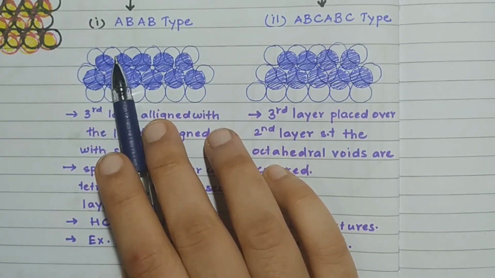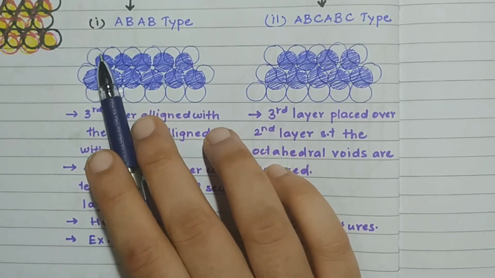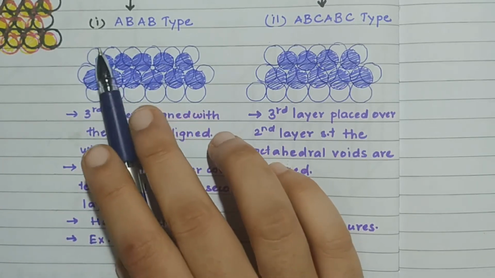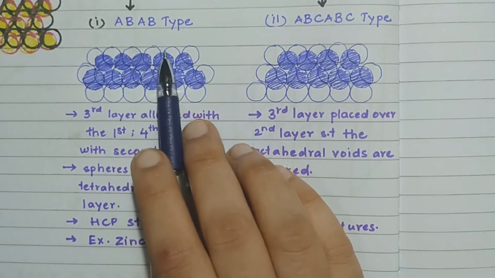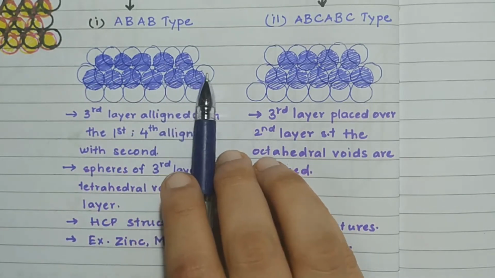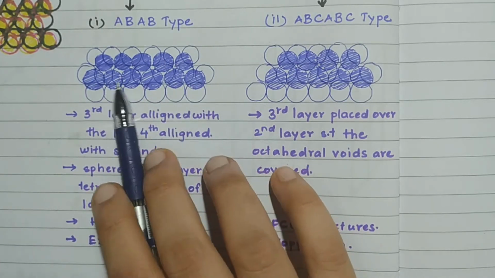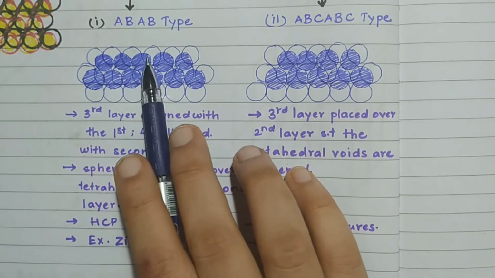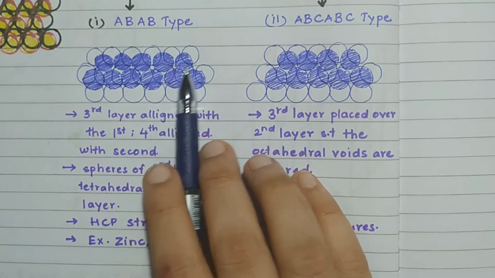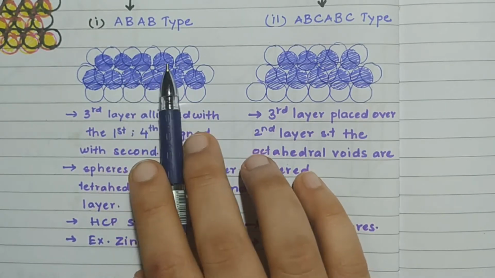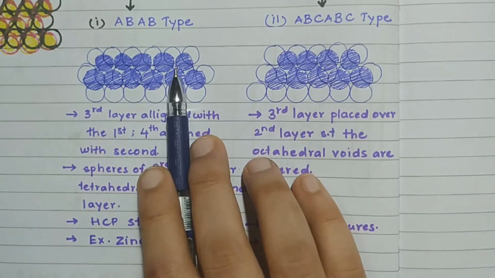Now here, these blue circles which I have drawn, not the colored ones, are the first layer, the layer on the ground. The second layer, printed in dark blue, is placed over the first layer.